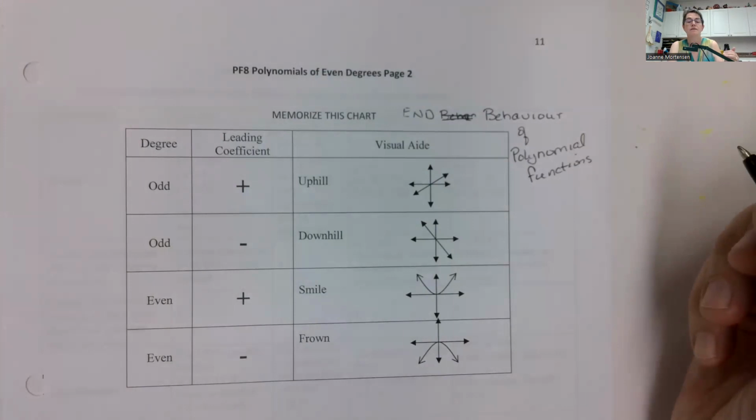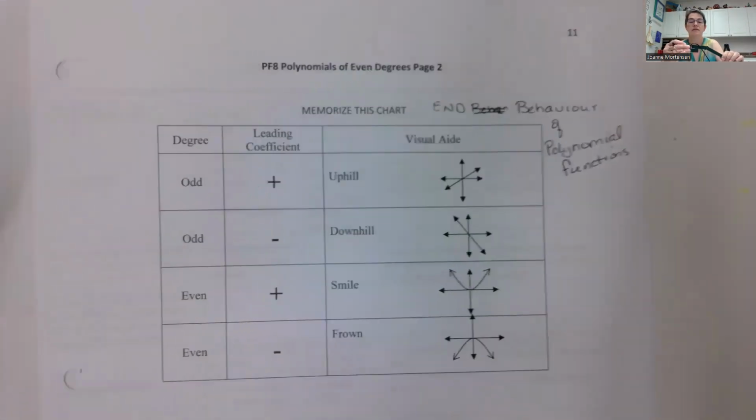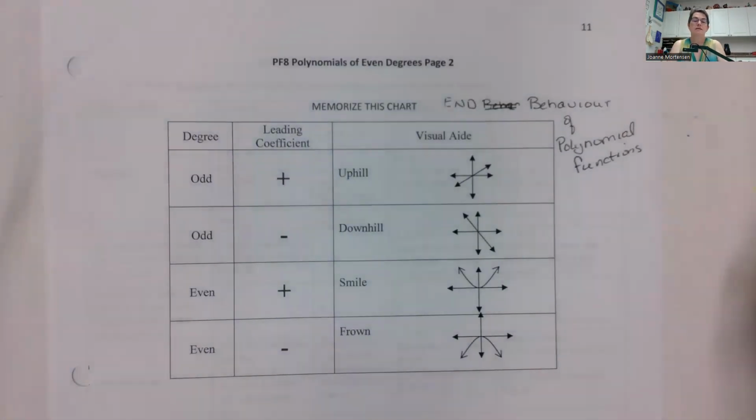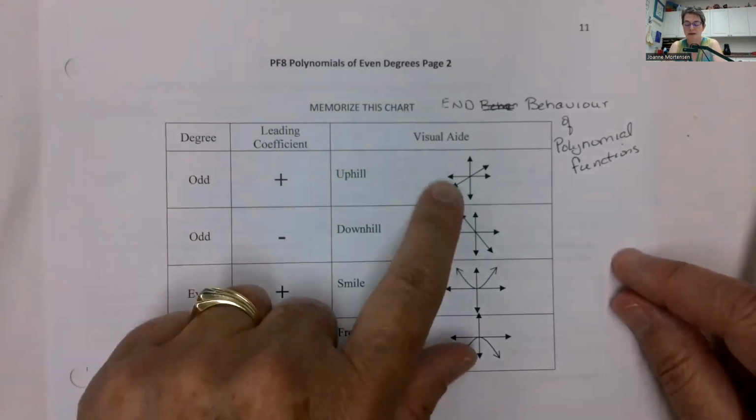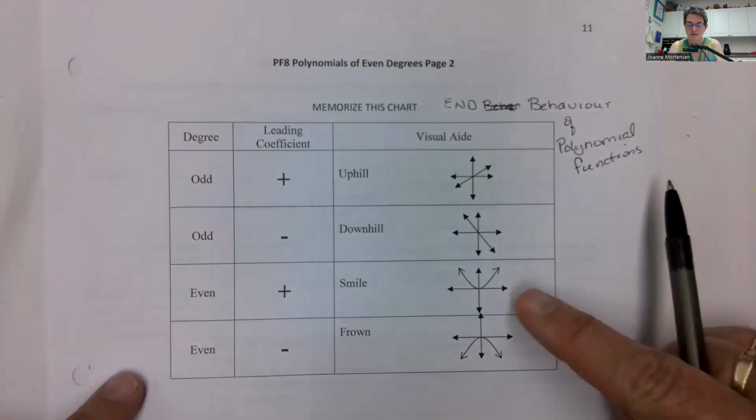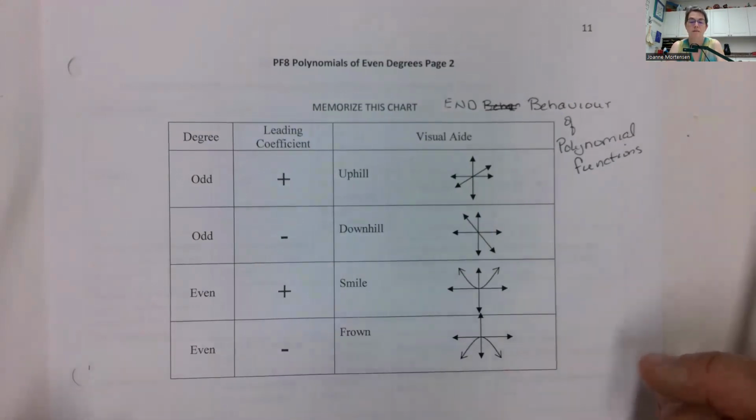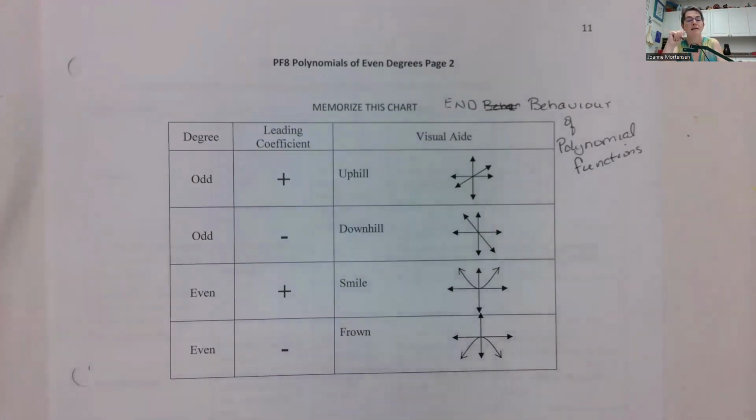The first thing I do is I look to see if my leading term is odd or even. If it's odd, I know it's either going to be uphill or downhill. If it's even, it's a smile or a frown. Second thing is I look at the sign of the coefficient, and then it goes from there.